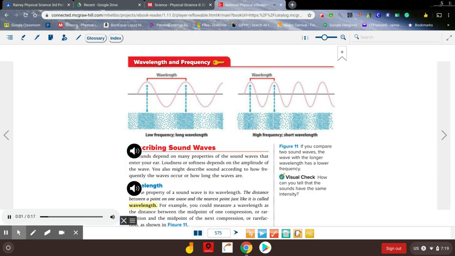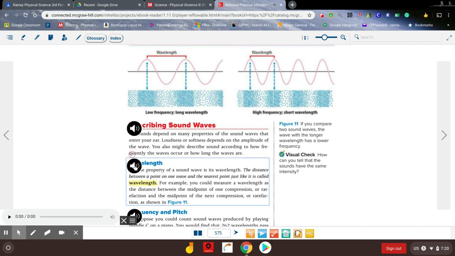Describing sound waves. Sounds depend on many properties of the sound waves that enter your ear. Loudness or softness depends on the amplitude of the wave. You also might describe sound according to how frequently the waves occur or how long the waves are. Wavelength. One property of a sound wave is its wavelength.